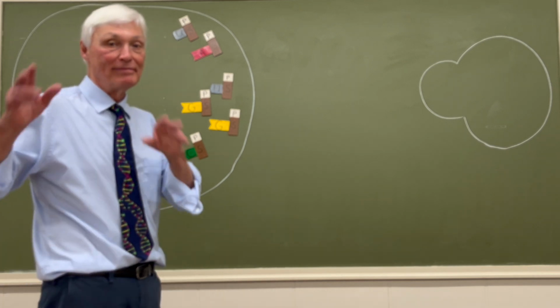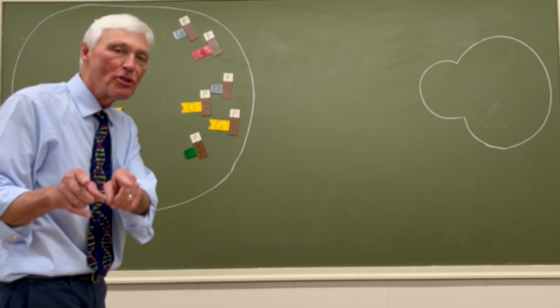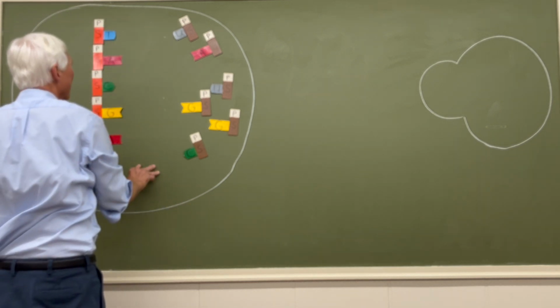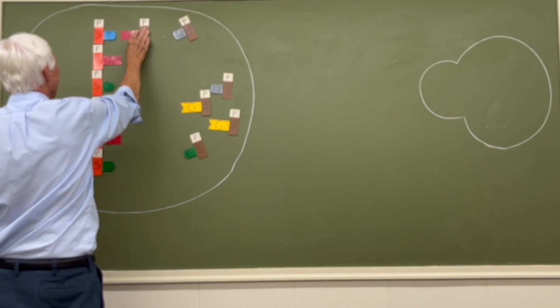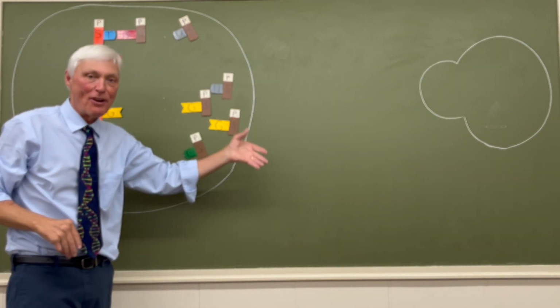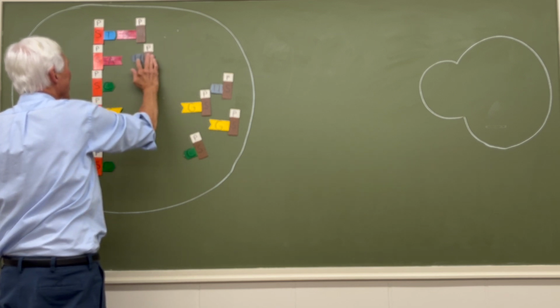All right, now let's come back and look at the chalkboard. Let's watch messenger RNA being manufactured alongside the DNA. Looks like this A is going to be attracted to that T, and remember, there is no T in RNA, there's U instead. So this U will be attracted here.